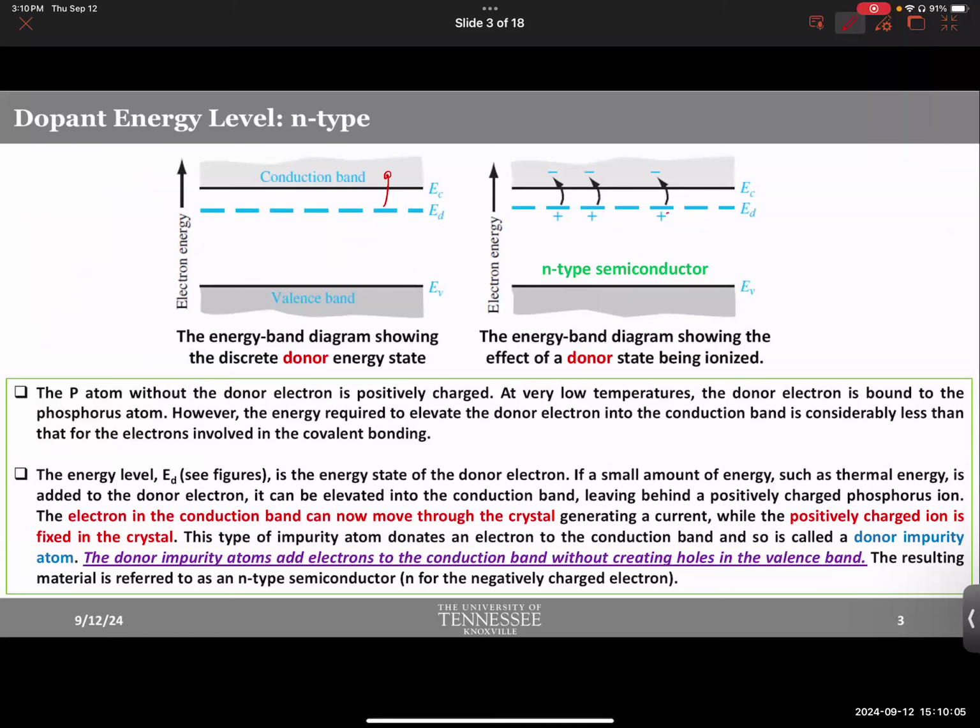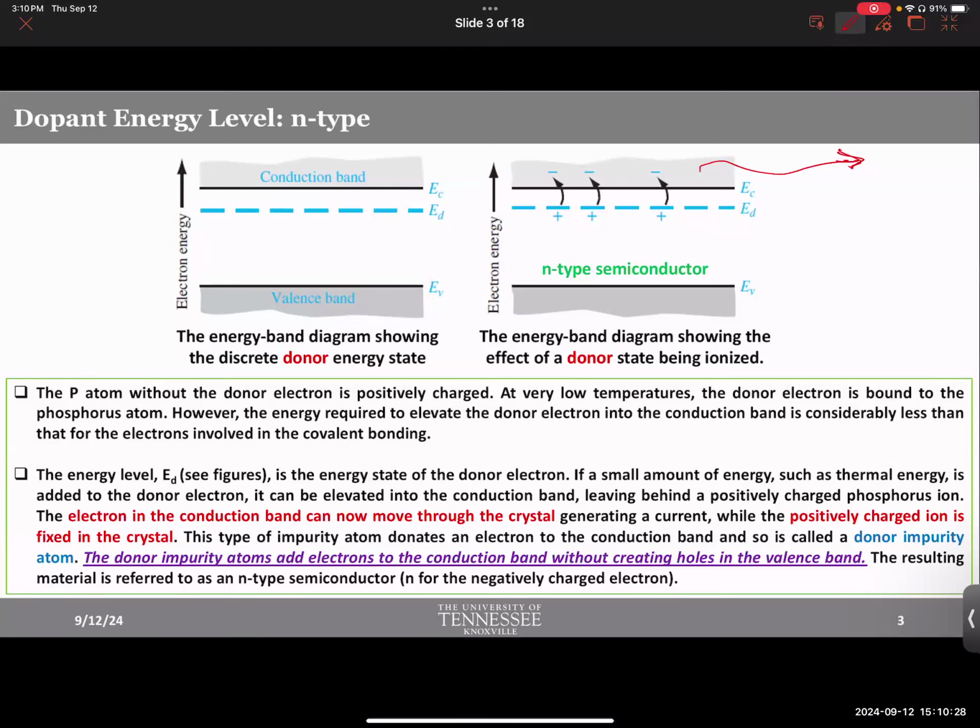But the point is, when you have a donor level, it can create and supply electrons to the conduction band, and those electrons can move around. They are free electrons, almost free electrons. But these donor levels have positive charges that are stationary. They don't move around. So one thing moves around. When charge moves around, that creates current.